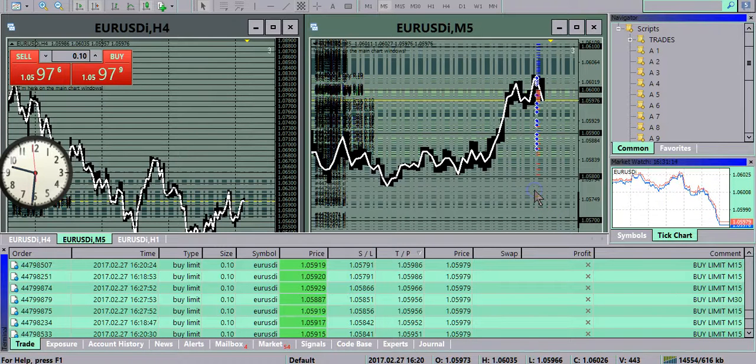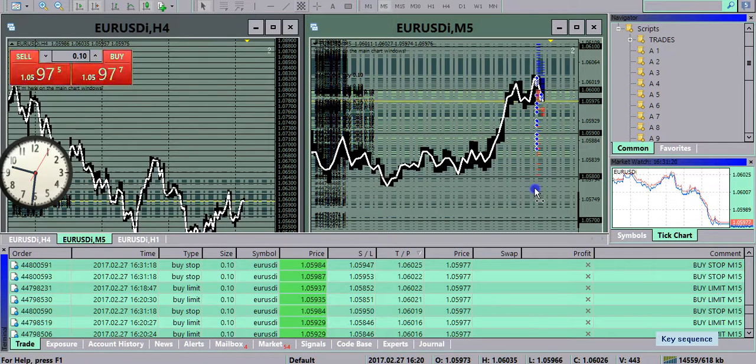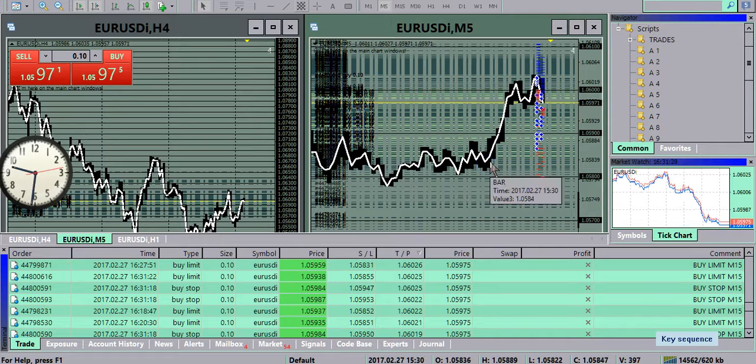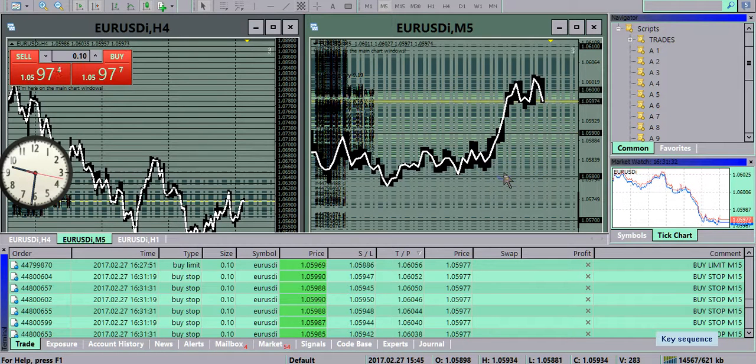Okay, so I'm going to put my monster buy limit keys in, and I got my buy limits here I'm going to put in, and my buy stops. This is just a tremendous order. So 3 pips below the round number there.